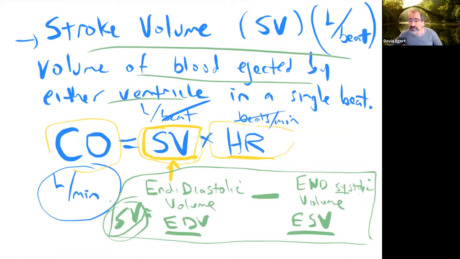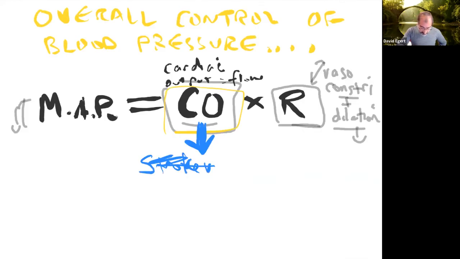Yes? Right, so this is going to give us even more things we can play with, because now by adjusting end systolic volume or end diastolic volume, we're adjusting stroke volume. And by adjusting stroke volume, we're adjusting cardiac output. And by adjusting cardiac output, we're ultimately adjusting our blood pressure.